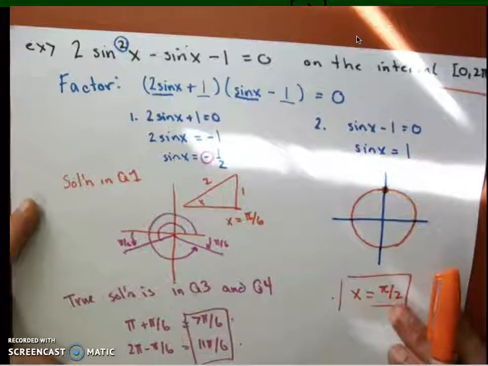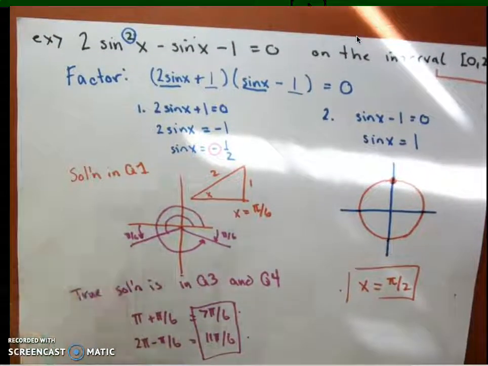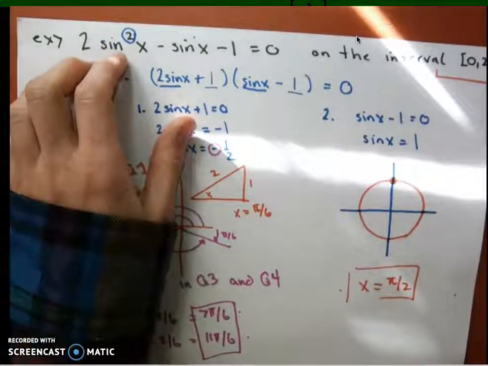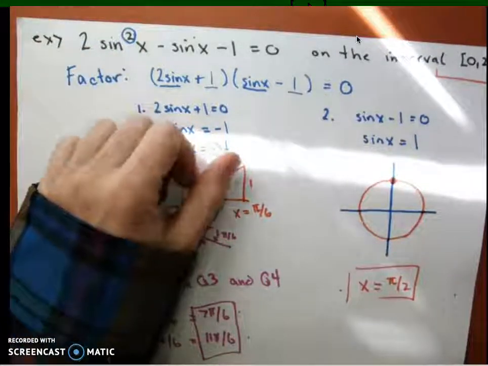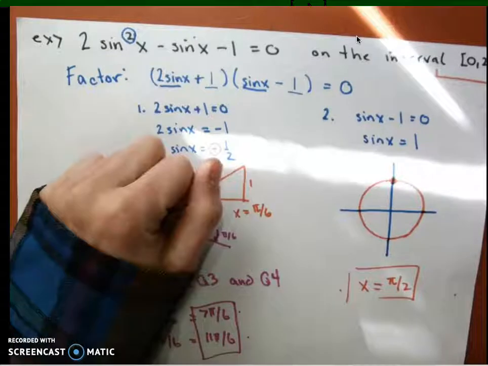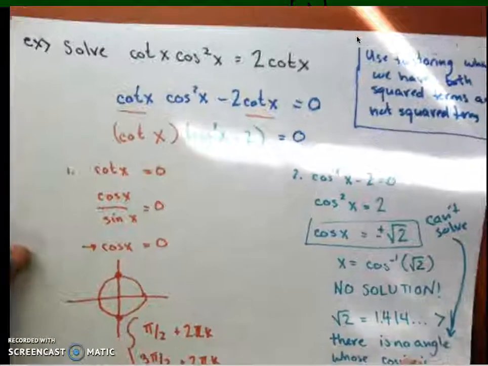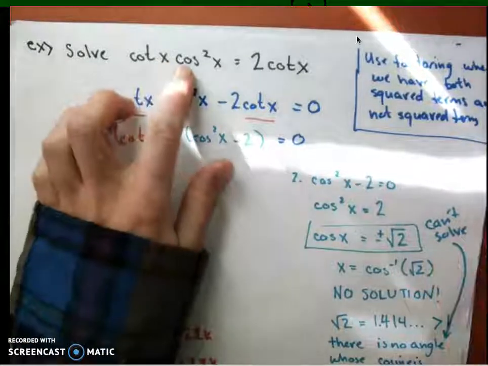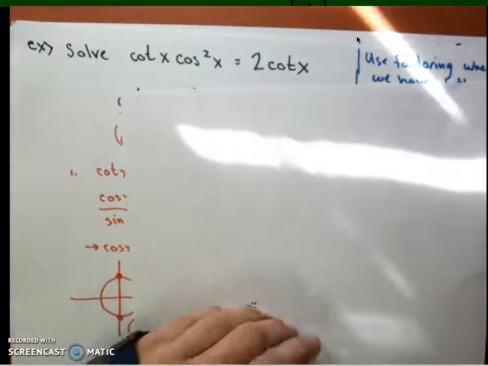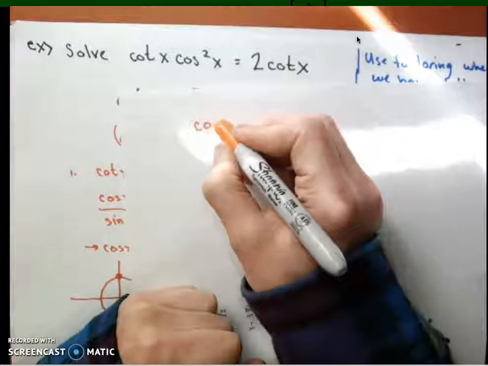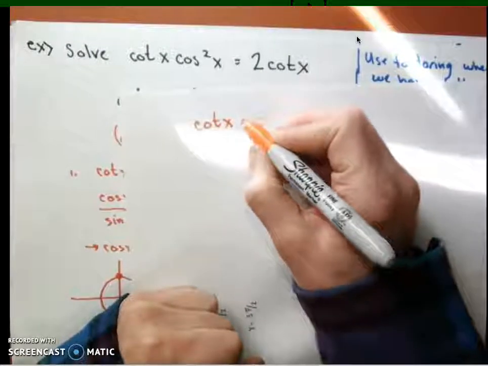And there you have it. That's how we use factoring to solve equations where one of the trig function terms is squared. Also, just to note, it's not necessary that one of the trig functions is squared. For example, we could factor if we had an equation like this.